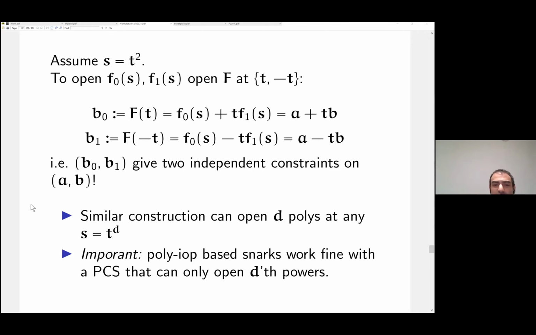And the second thing is that we want to use this for SNARKs, and now we have a polynomial commitment scheme where we can only open points that are d powers. Usually, at least PlonK, we saw that it can easily be massaged so that your opening points are always d powers.